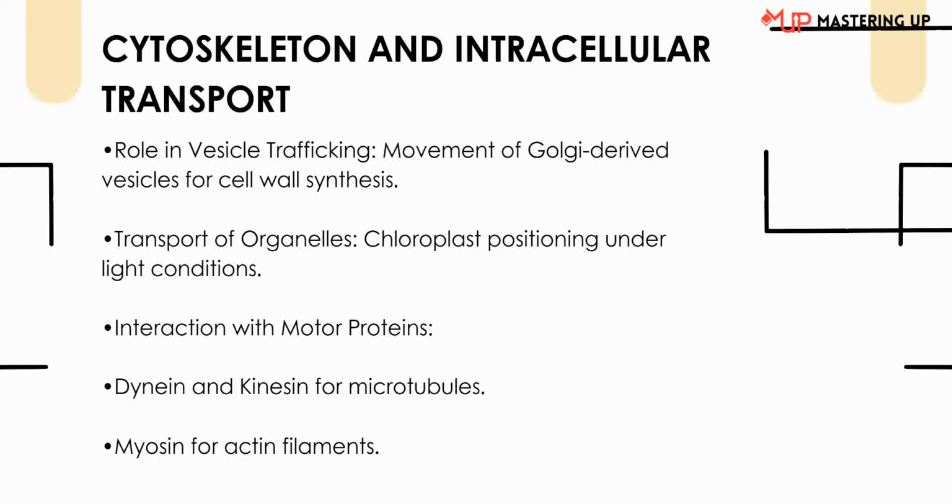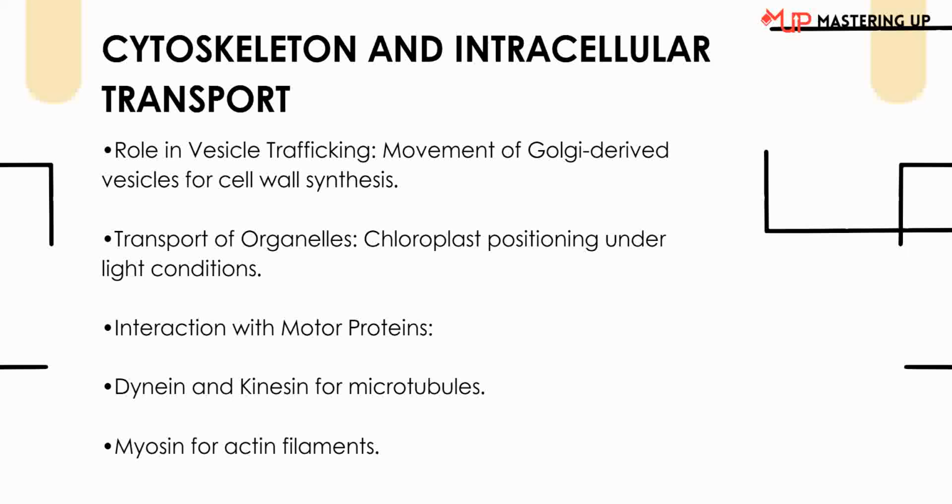Under light conditions, chloroplasts need to move to optimize light absorption for photosynthesis. Microtubules and actin filaments play a role in dynamic positioning of chloroplasts within plant cells. These organelles may rearrange themselves to align with light sources, maximizing their exposure to light for efficient photosynthesis.